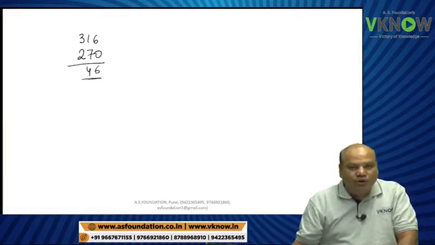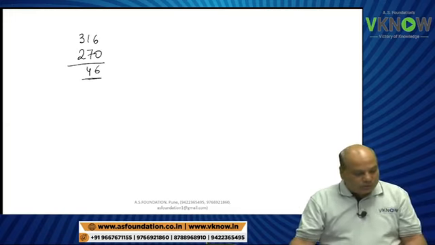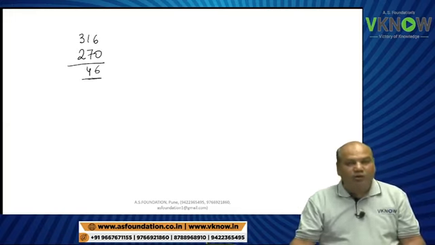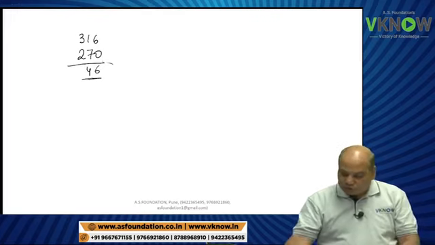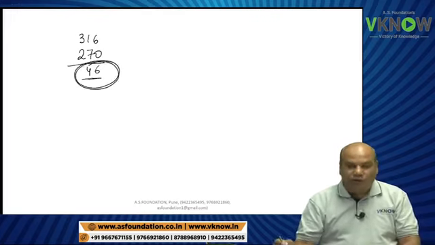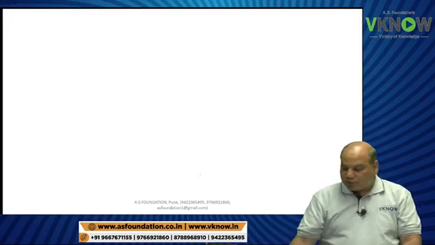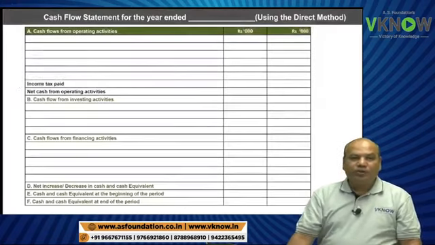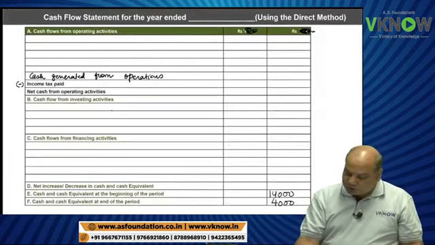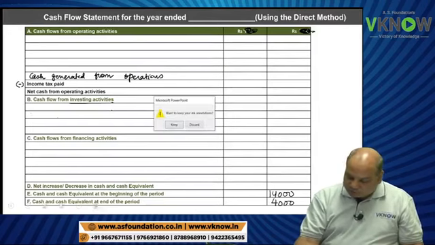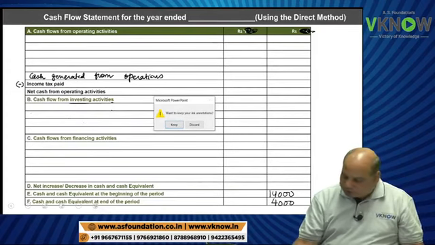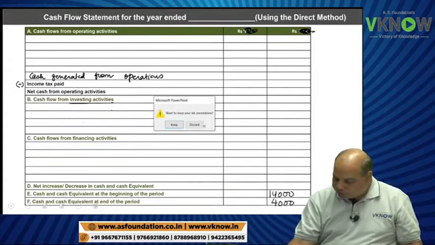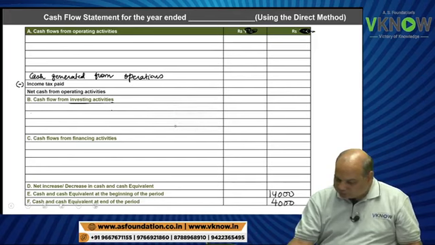And there is a note in the problem which says that fixed asset of rupees 46,000 were acquired in cash. So this difference of 46,000 in fixed asset represents purchase. So in investing activity, write down purchase of fixed asset.